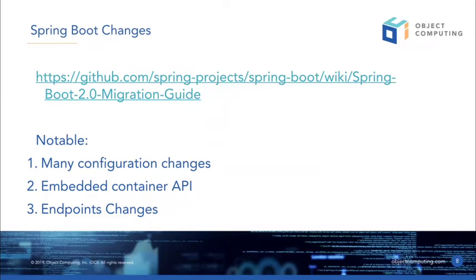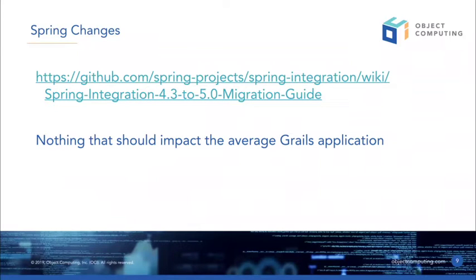So if you have a plugin or your application is modifying the embedded container, you'll likely have to change some of that code. Also endpoints: they revamped a lot of the code surrounding endpoints, which allowed them to add some new features, and also changes the way that they're configured. So if you're using Spring Boot endpoints and configuring them, then likely you'll need to make some changes there in order to continue.